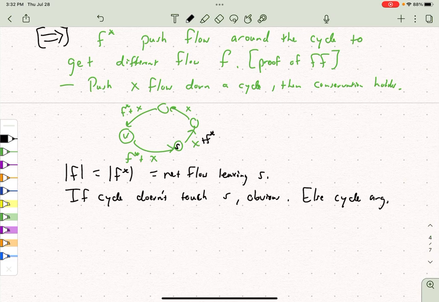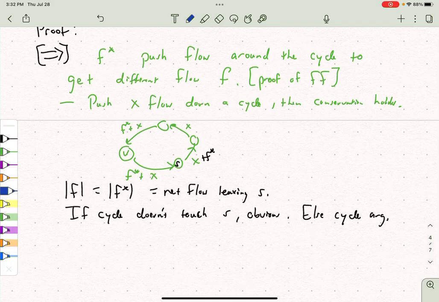It's not critical to the problem, but remember that when we push flow down a path or a cycle in the residual graph, it's not necessarily a path or a cycle in the original graph, because sometimes an edge from a node could mean reduce the amount of flow. So in general, for a closed walk, it might not literally be a cycle; we might be subtracting x on some edges but adding x on others. But if it's specifically a cycle, then we're actually adding x or subtracting x on every single edge in that cycle.